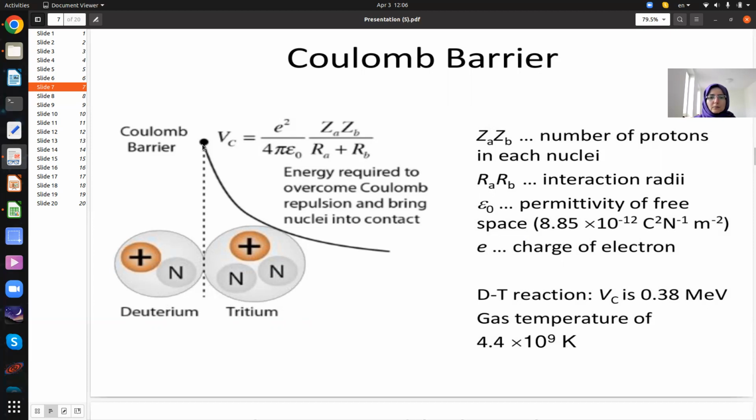The Coulomb barrier. We can say the estimated temperature in the core of the sun is 10 to the power 7 Kelvin. But here we have 10 to the power 9, which is far away from our sun.